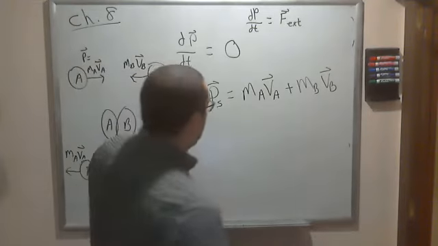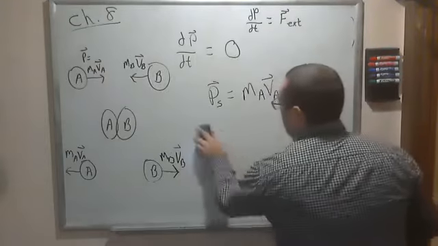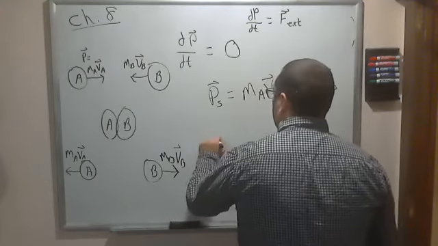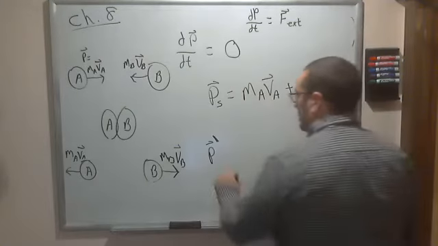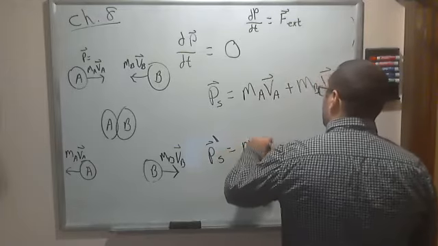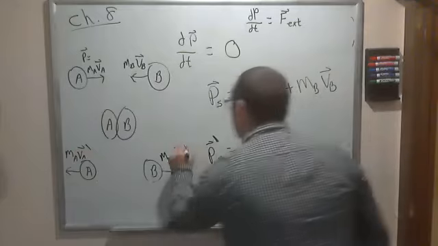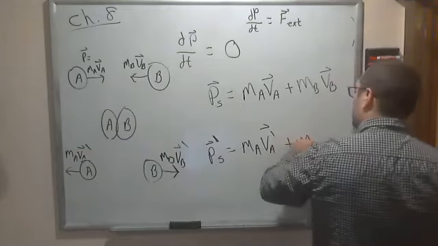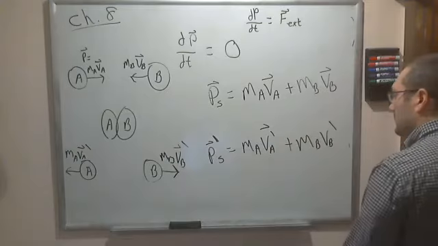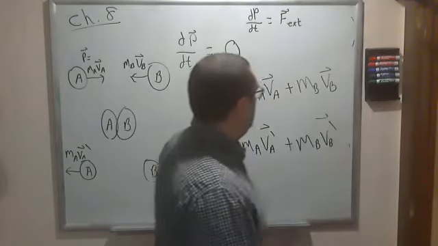So we could say that after the collision, and we'll use a prime here for after, I'll follow the book's notation, VA prime, let me put a prime over here, plus the B term.